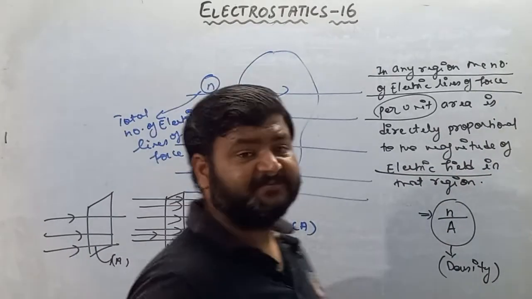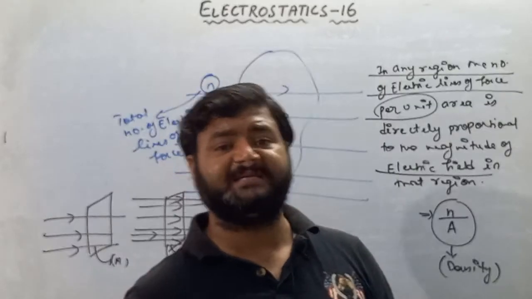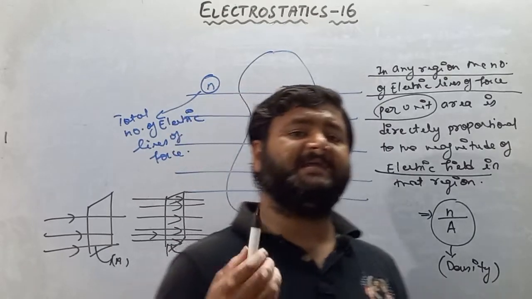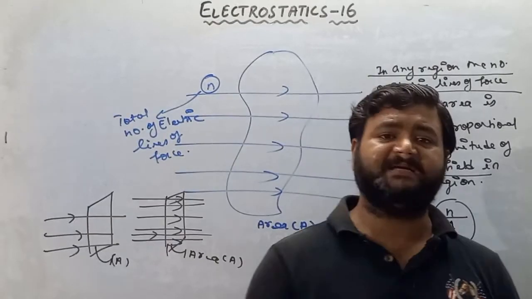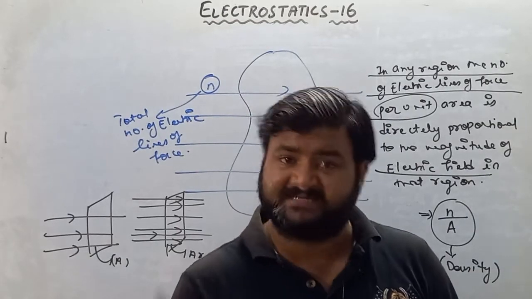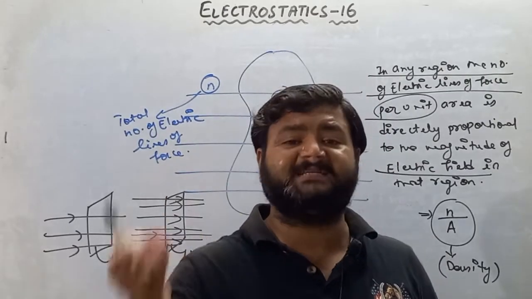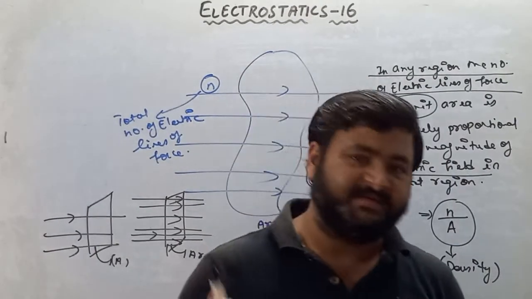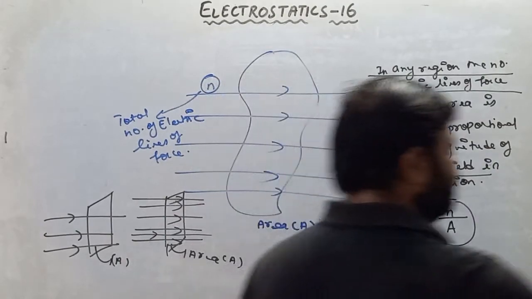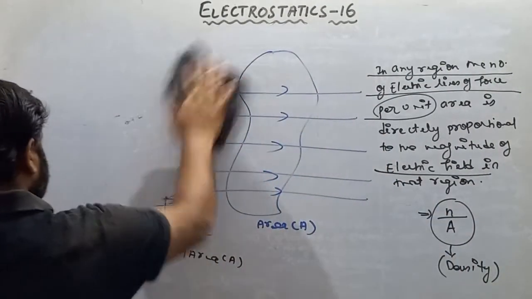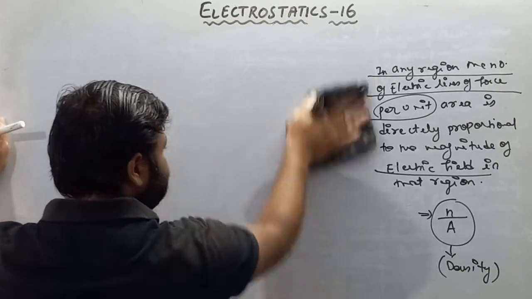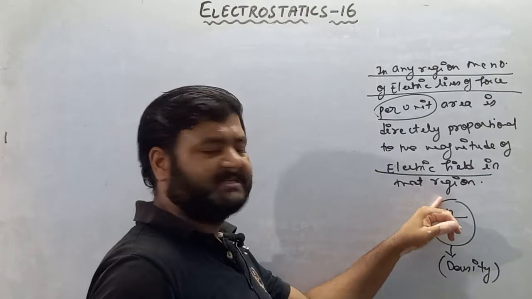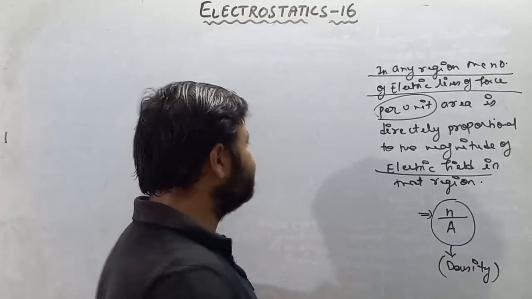If the number of electric lines of force is more, then density is more, and if density is more, then the electric field in that region is also more, because electric lines of force are a representation of electric field. So the number of electric lines of force passing from unit area is density.